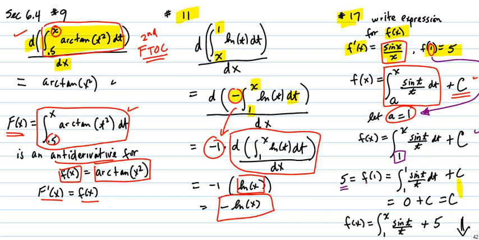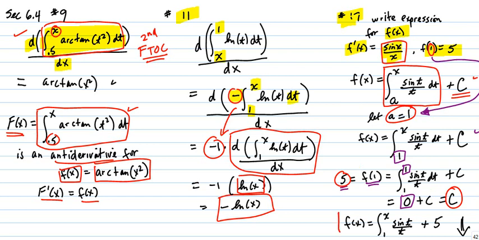F of 1 is the integral from 1 to 1. The x value goes up there. And when you run an integral from the same limit to the same limit, it doesn't have any change at all. It's 0. And that's plus c. So c equals 5.